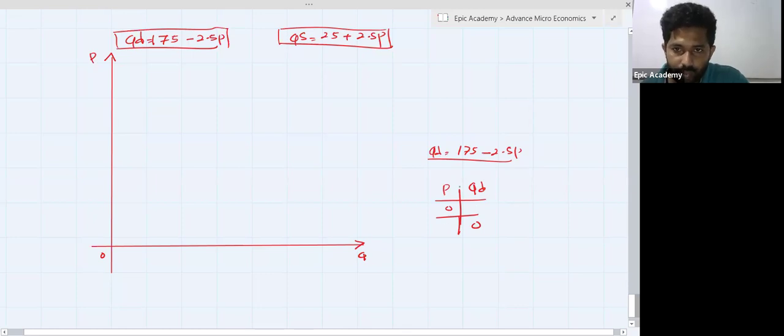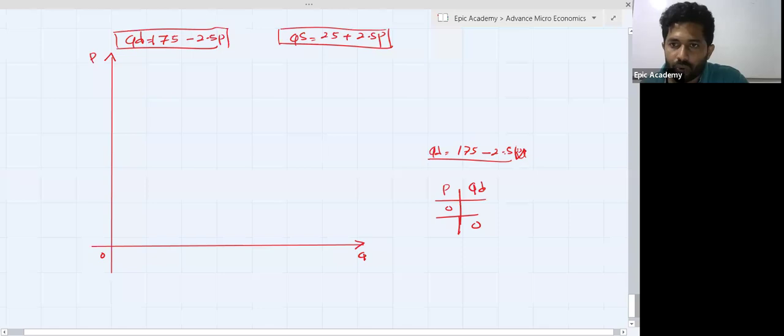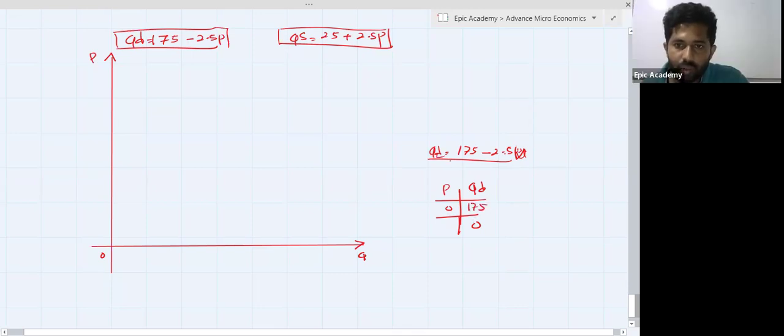So just consider P equal to 0. That means in here, this P is equal to 0. So 2.5 multiplied by 0 is 0. So then QD becomes 175. Then QD equals 0.